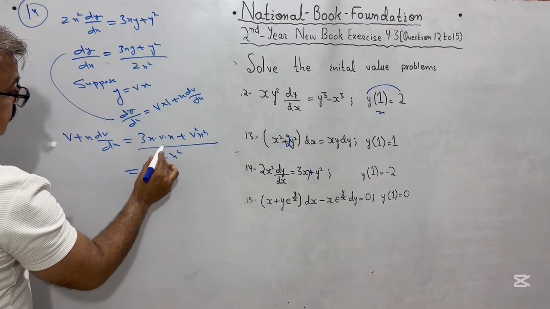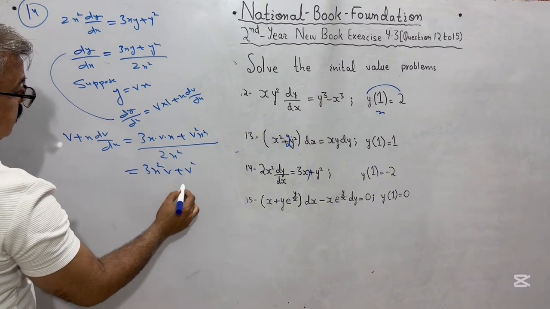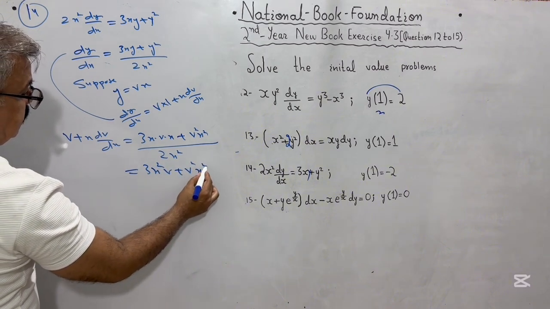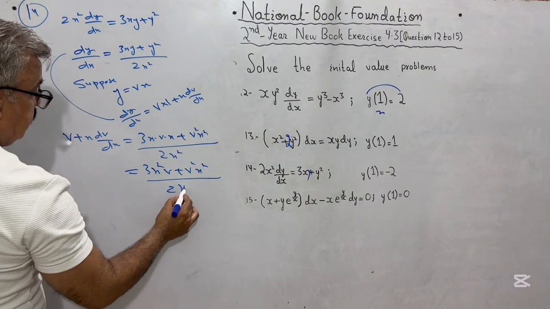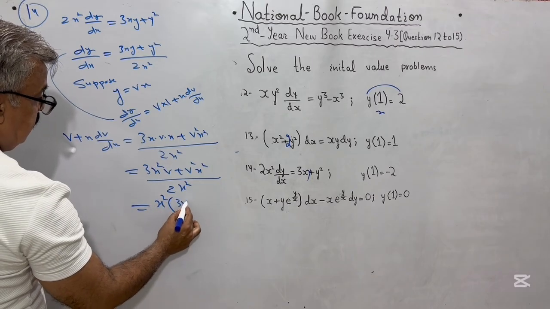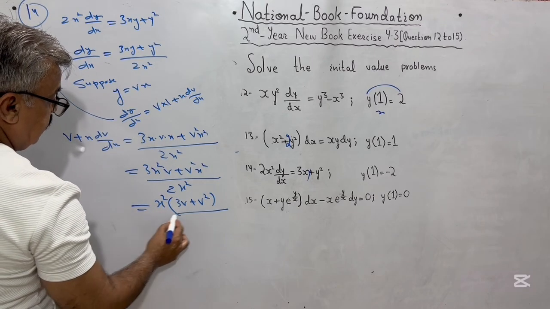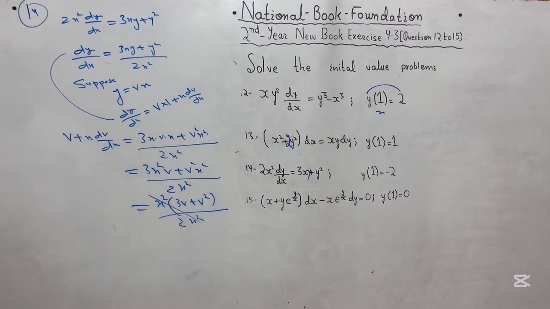A tiny manipulation, it will become 3x square v plus v square x square divided by 2x square. Taking x square common from the numerator, we are left with 3v plus v square over 2. x square definitely cancelled out.